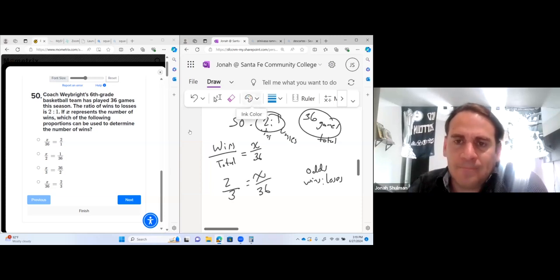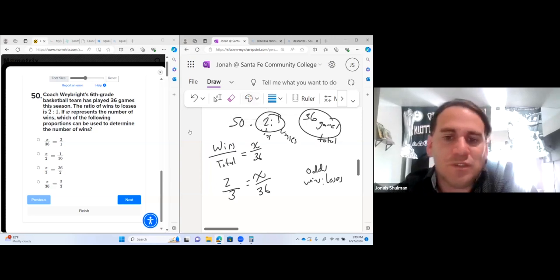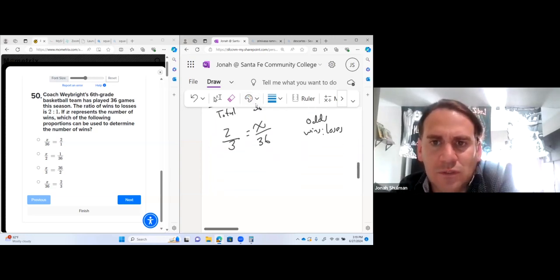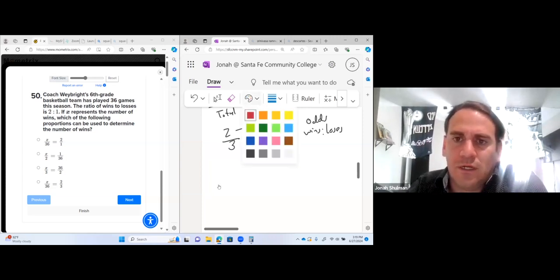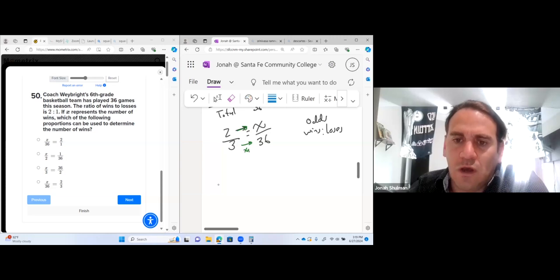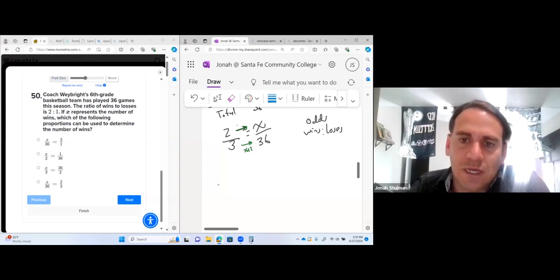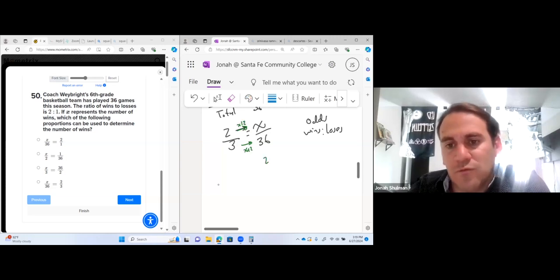There's a bunch of ways. I'll show you 3 ways to do this problem. The first way: 3 times 12 is 36, so 2 times 12 means they got 24 wins.